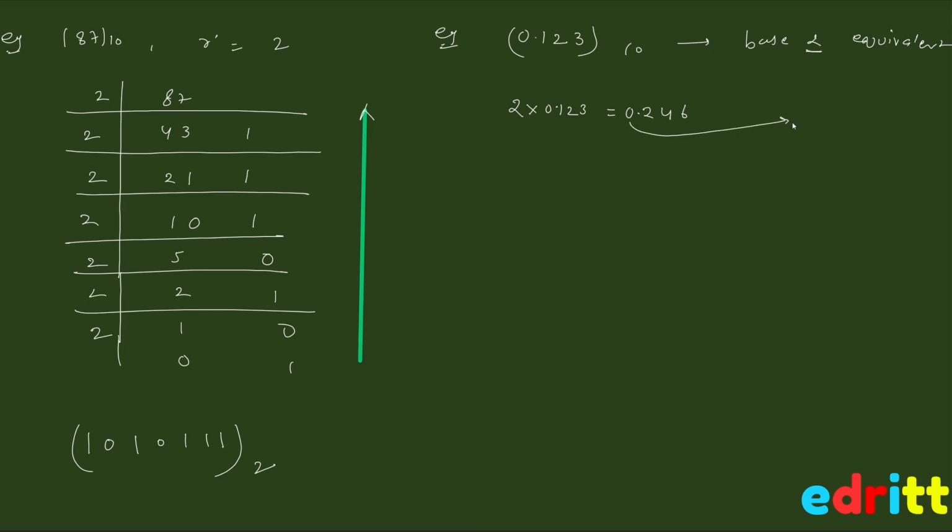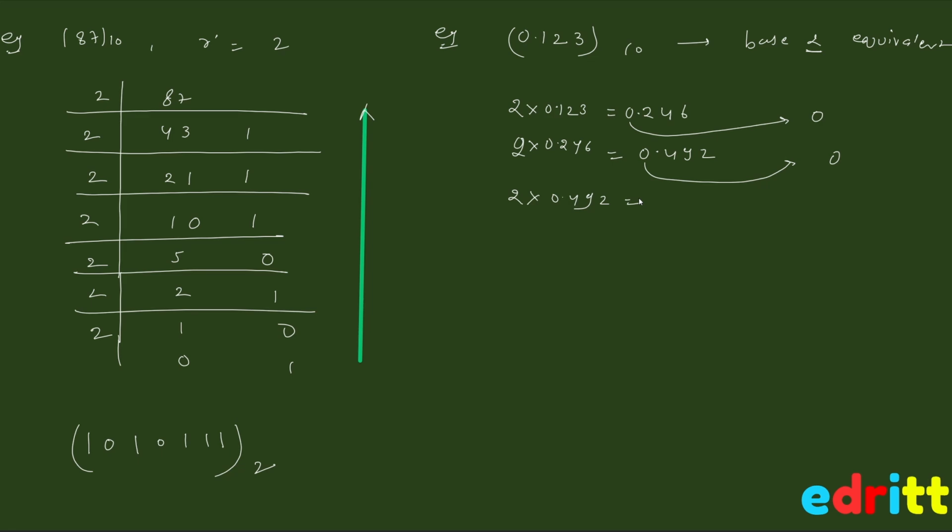Now this 0 is something you have to put over here. And again, you have to take this 0.246 and multiply it with 2. So when you do that, 0.492, again you put 0 over here and then use this 0.492 and multiply it with 2.